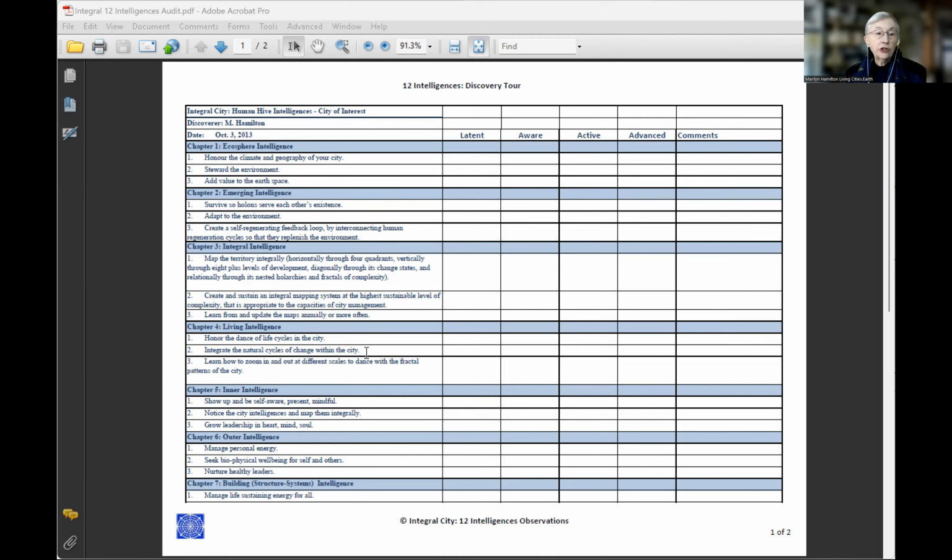And the third element of the living intelligence I've identified as learning how to zoom in and out at different scales to dance with the fractal patterns of the city. Elsewhere, you will hear me describe that the patterns in the integral city, in living cities, are fractal. They repeat each other.